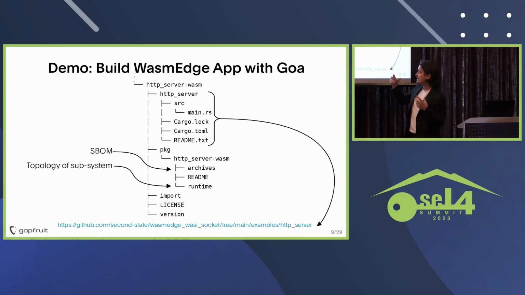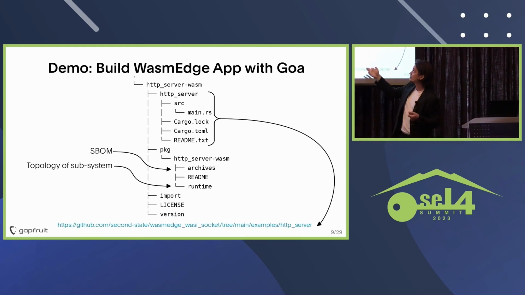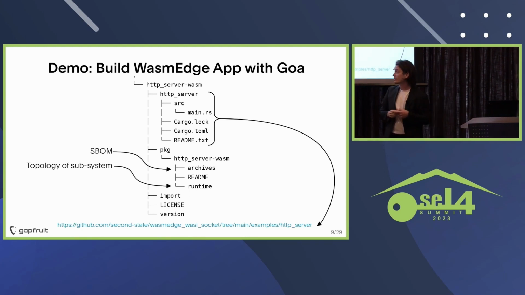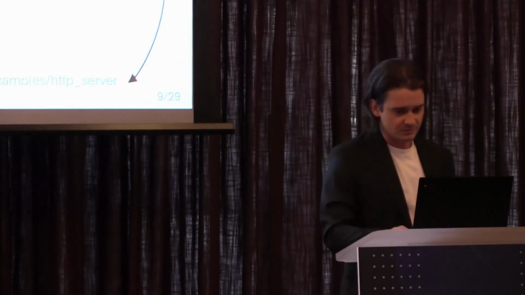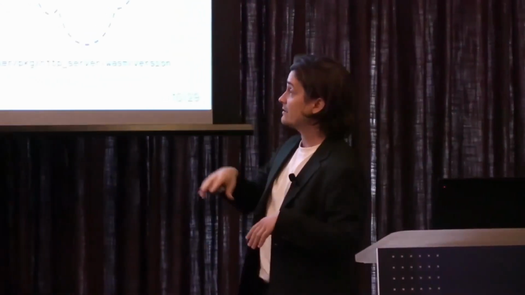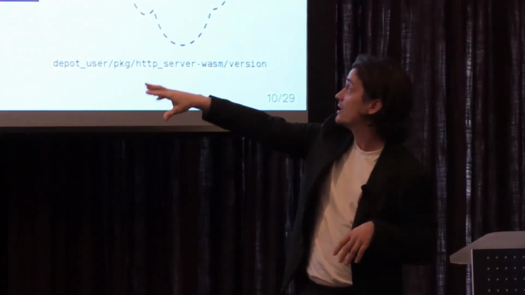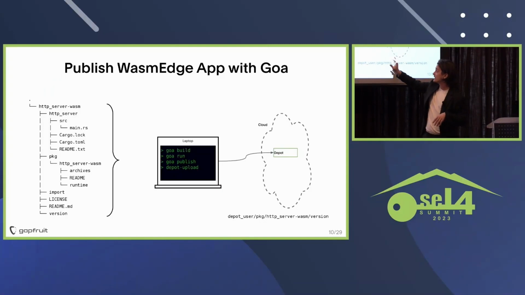And in this case, it just starts WasmEdge with the app that we're building. And it's also stating the required resources and the provided resources. So I'm going to show a demo where we take this project and we're going to build it. We're going to test it locally on my x86 Linux machine. And then we're going to package it, sign it, and push it to a remote web server.